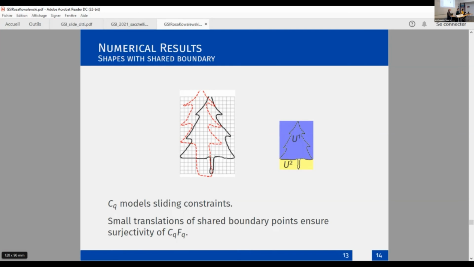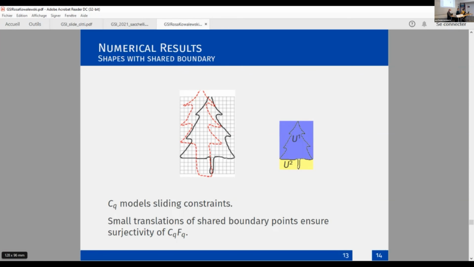In the case of shared boundaries, the surjectivity of CQ, FQ is normally not guaranteed, but we obtain it by adding small local translations to all the shared boundary points. And we add this with a high penalty.